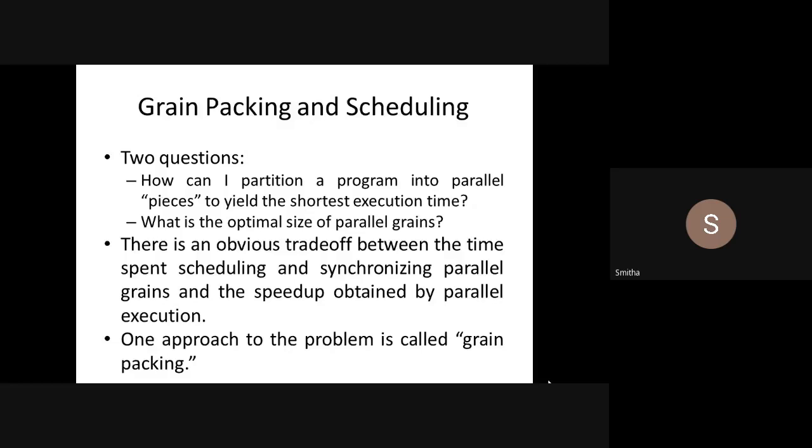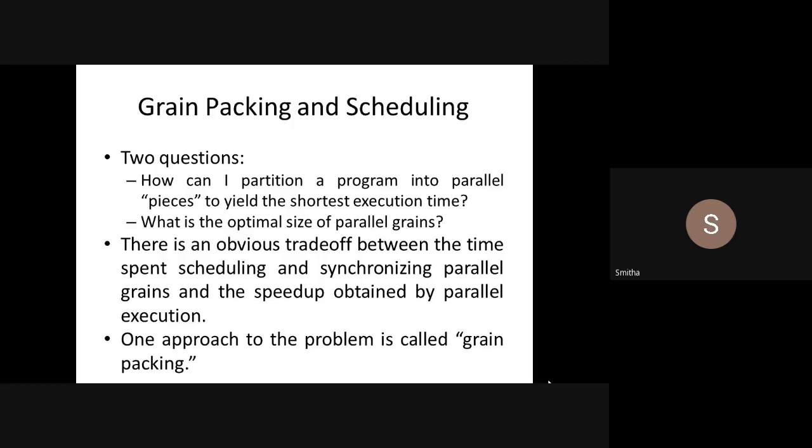One approach to the problem is called grain packing. In order to avoid a large number of interprocessor communications, we will do grain packing. We will put a number of grains together and call it one unit. Then interprocessor communication will be less, because it falls under one unit. The entire unit we will consider as one subunit or functional unit.